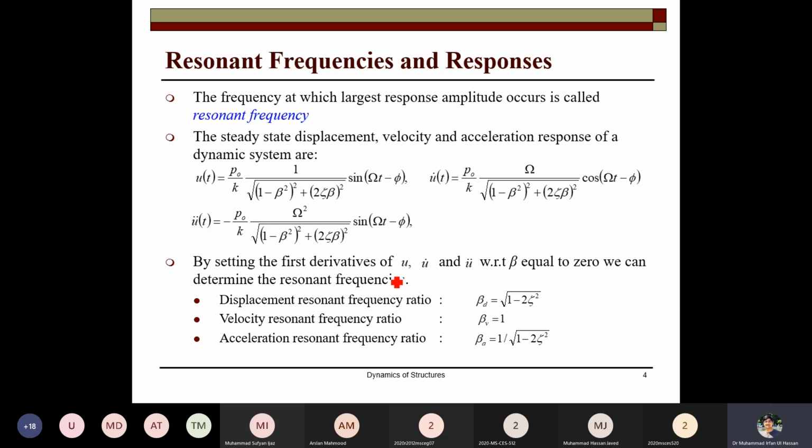The frequency ratio at the resonance can be computed simply by taking the response and then putting the value of beta such that the first derivative or the second derivative is set to 0, and by applying the maxima function you can compute beta d, the displacement resonance ratio, and the velocity and acceleration resonance ratios.